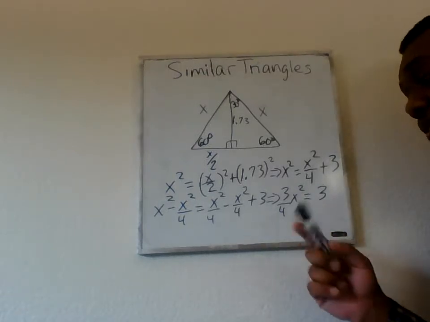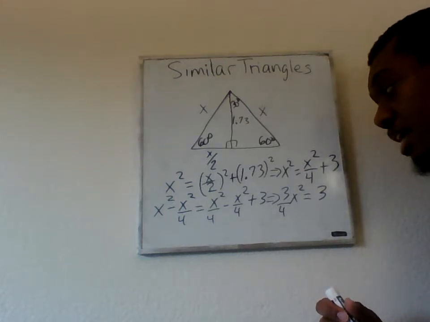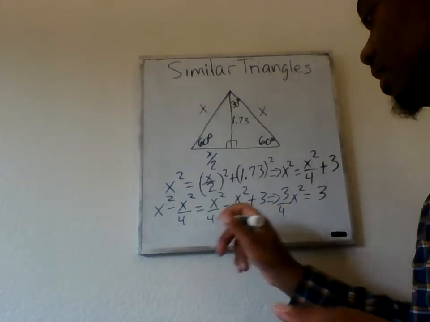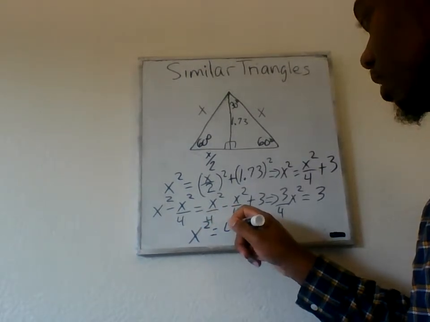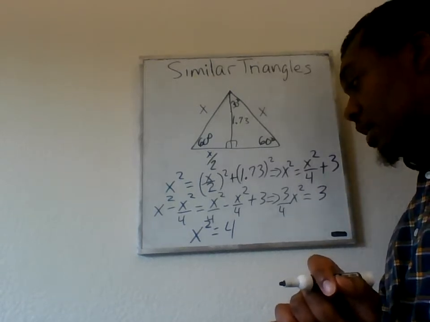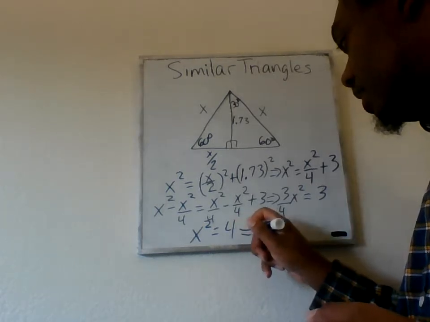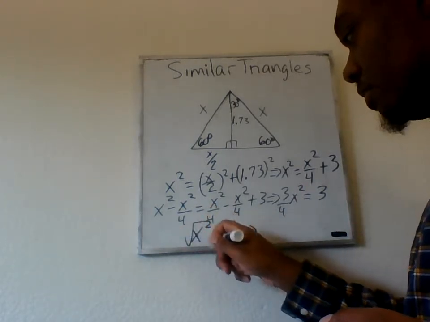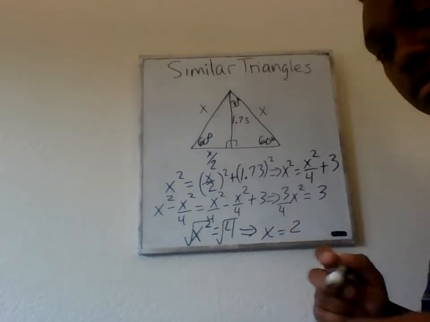I can divide by 3/4 on both sides, and I'll end up with x squared equals 4. Okay. X squared equals 4. Well, if x squared equals 4, x must be what we get when we take the square root of both sides. When I take the square root of both sides, I get x has to equal 2.